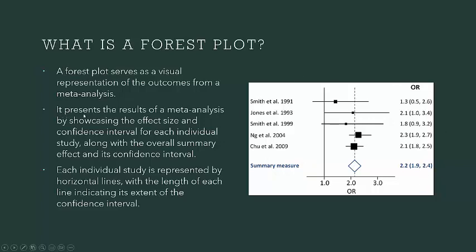It presents the results of a meta-analysis by showcasing the effect size and confidence interval for each individual study along with the overall summary effect and its confidence interval. Each individual study is represented by one horizontal line, with the length of each line indicating the extent of the confidence interval, which is also written over here.